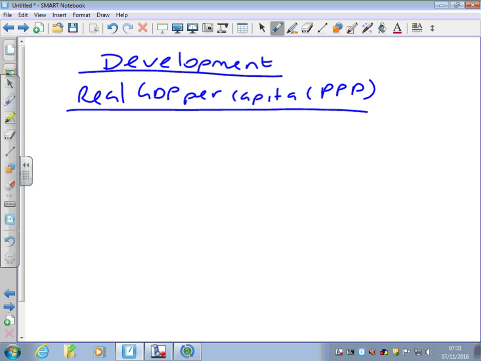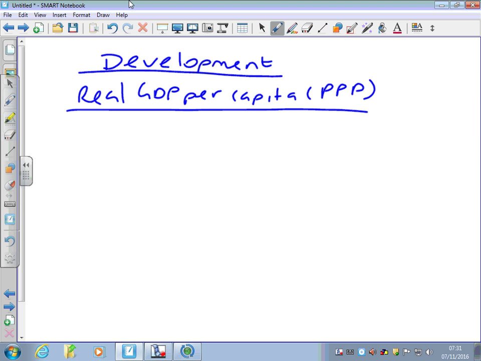This basically shows the ability to buy goods and services within an economy. Okay, so it should act as an indicator of development because you'd associate a higher average wage in an economy with better access to goods and services to satisfy wants and needs. So again, housing, healthcare, education, transport, infrastructure, food, all these different things.